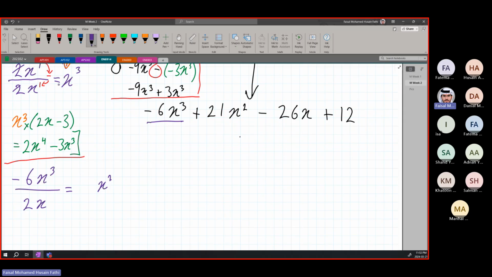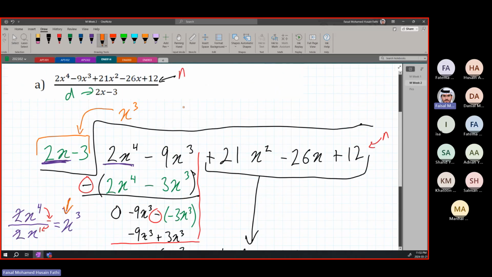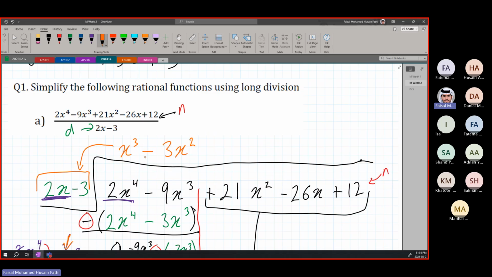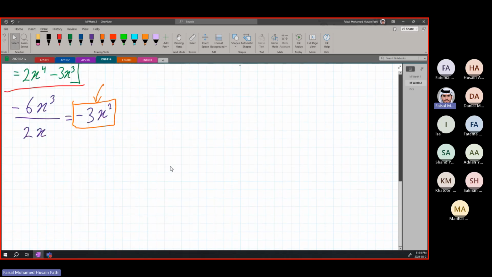Minus 6 divided by 2 is minus 3x squared. So this value, you're going to take up here with the sign. So minus 3x squared. And now you will multiply the minus 3x squared into this again. So you're repeating the exact same process.